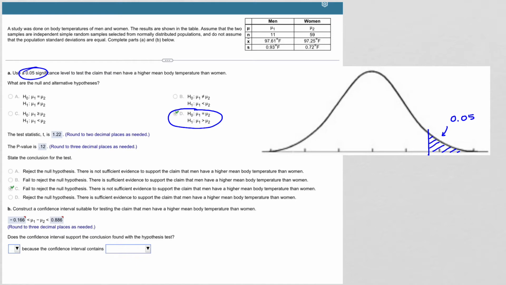Because confidence intervals are centered, we need to balance this out with 0.05 on the left-hand side. So here this is 0.05. So the two tails together make 10%, and that means that we have 90% in the center.